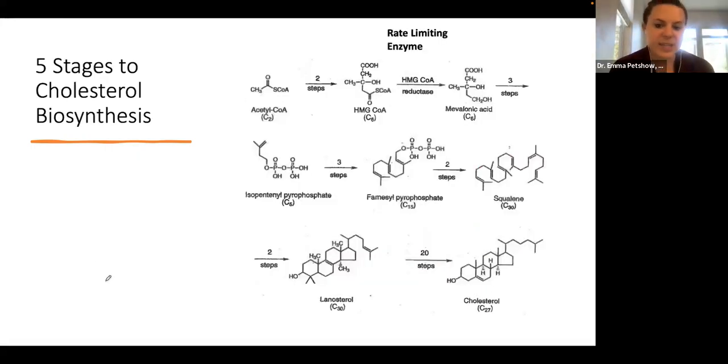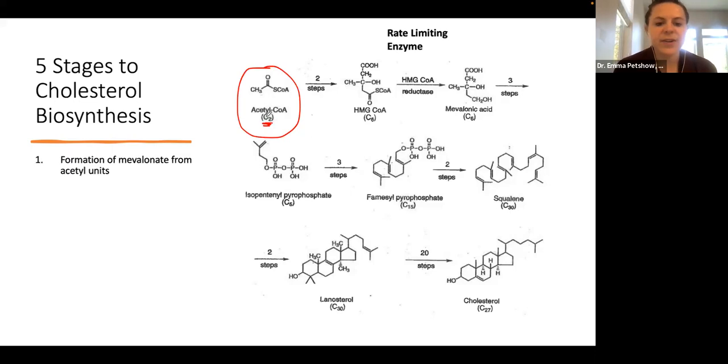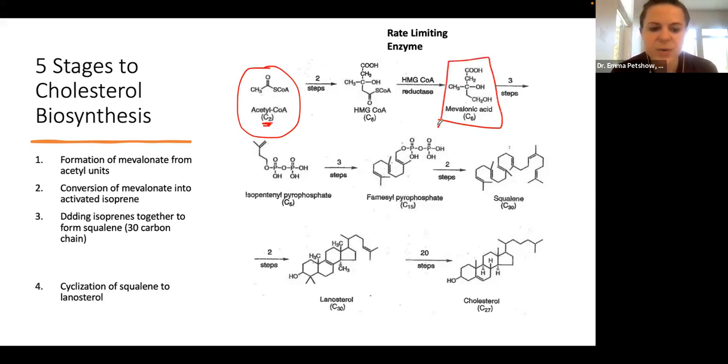There are 5 stages to cholesterol biosynthesis. So again, we're looking at our acetyl-CoA. This is showing you how many carbons are present. So 2 carbons here. The first stage is we're going to form our mevalonate from our acetyl units. So we can see that step, our mevalonic acid going here. And I'll have another picture later that has the actual full conversion.